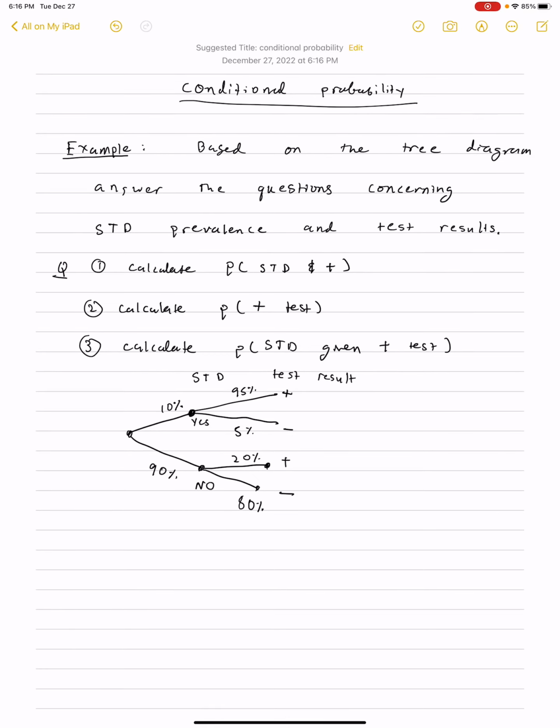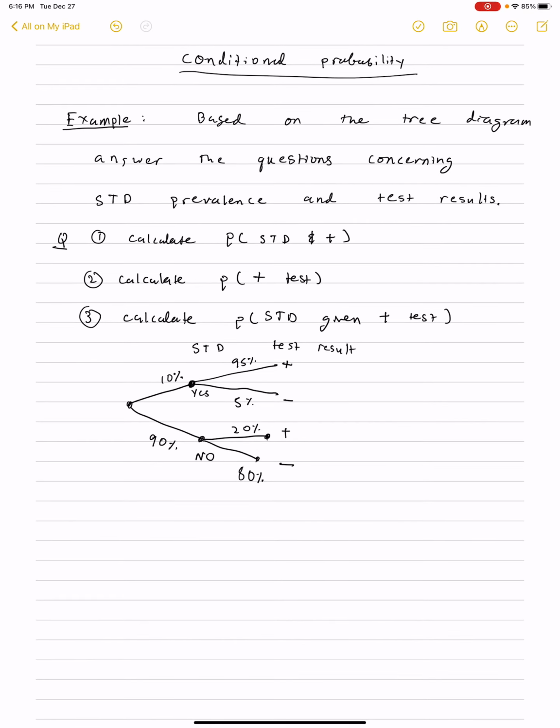Today we're going to be talking about conditional probability, and specifically it relates to the tree diagram at the bottom after the questions. So we have this data with tree diagrams, data or probability, whichever you prefer, and it's concerning the prevalence of an STD in a population and the test results.